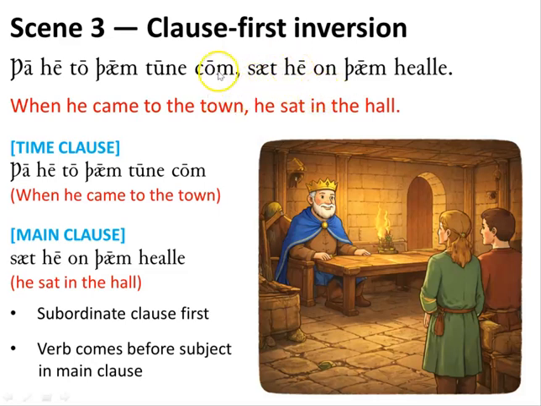But when we put the subordinate clause here to the front, inversion, then we have a verb at the end in the subordinate clause, kom. Notice how it's the end of the whole clause. But we also invert. Instead of he sat, it becomes sat he. So notice you get here verb, comma, verb, like you do with modern German.